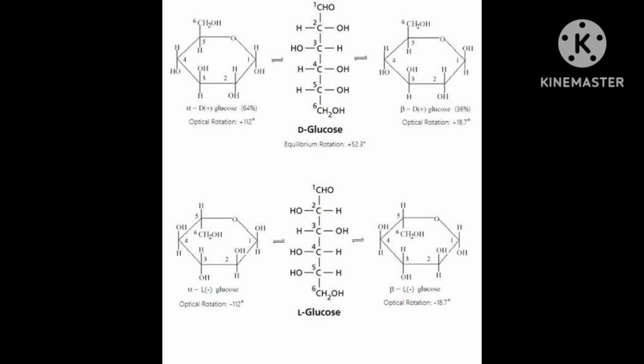Now you can see carbon 1 and carbon 5 are joined through O, with O in the middle. So carbon 1 and carbon 5 have just formed a ring.